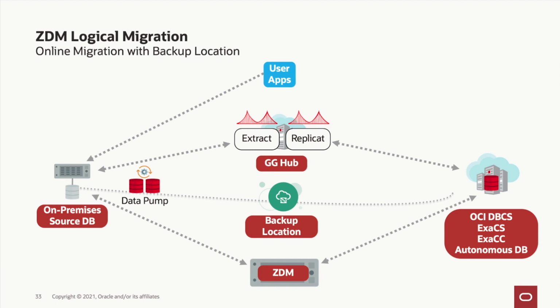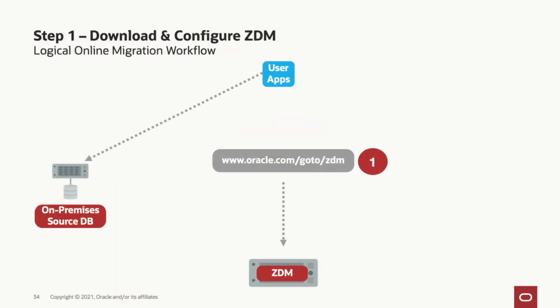So having covered this, let's talk about specifically how logical online migration with a backup location works on a step-by-step basis. The first step, as with the physical migration, is to download and configure ZDM.